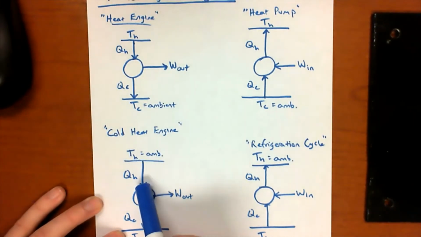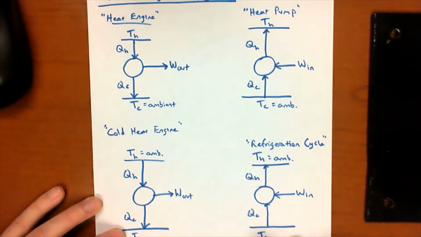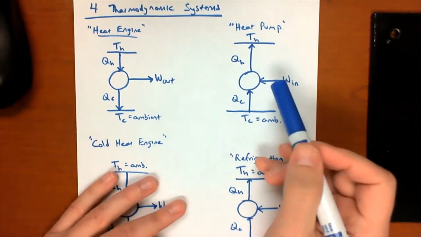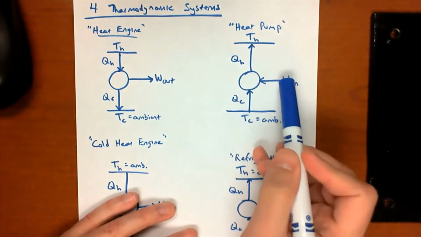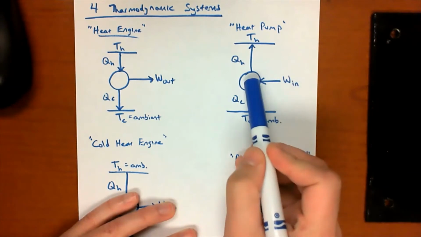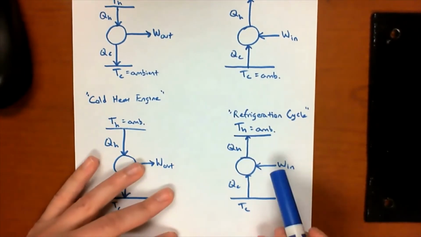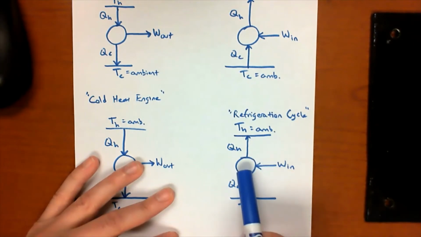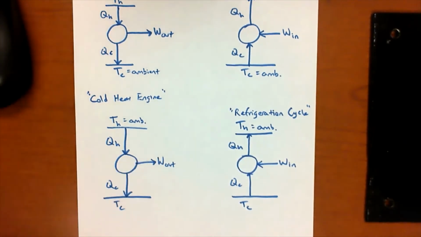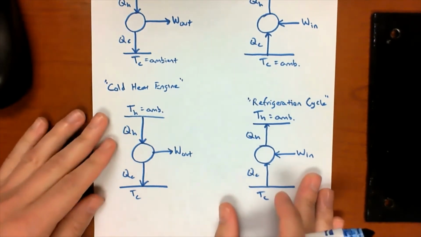We'd say that the input equals the outputs combined. In this one, our inputs are QC and work input, so those combined equal the heat output. And same thing here, work in plus QC equals the heat output. All right, so that's just a thermodynamic model of 4 different common thermodynamic processes.